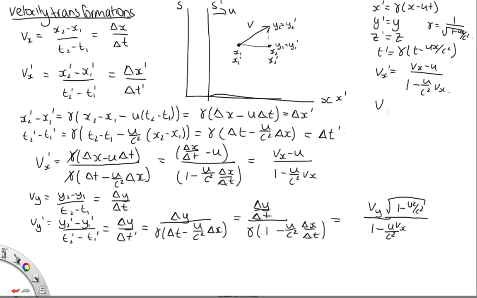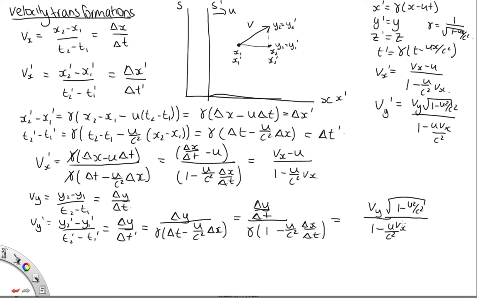So we've got Vy dash is equal to Vy root 1 minus u squared on c squared over 1 minus u Vx over c squared. Vz would have exactly the same form as Vy, as y and z are symmetric in these transformations. They transform in exactly the same way.